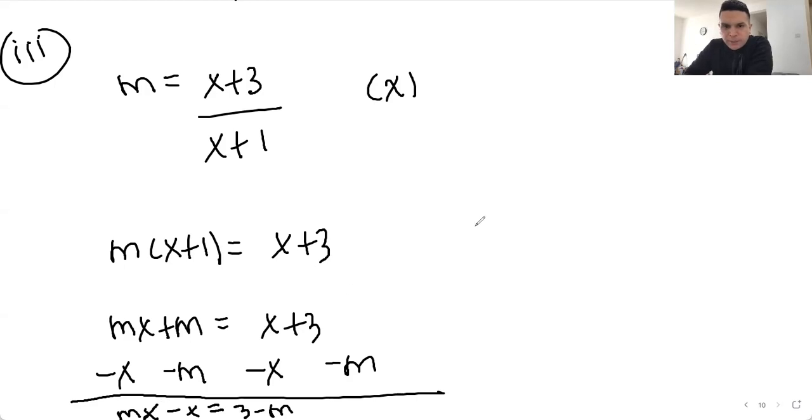I'm going to factor out the x, so x times m will give me mx, and then x times negative 1 will give me negative x, right? And then equals 3 minus m. And now I need to divide by m minus 1, right?